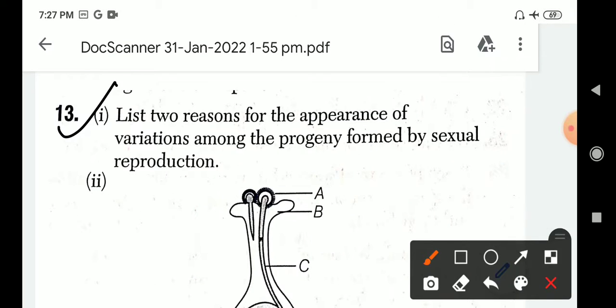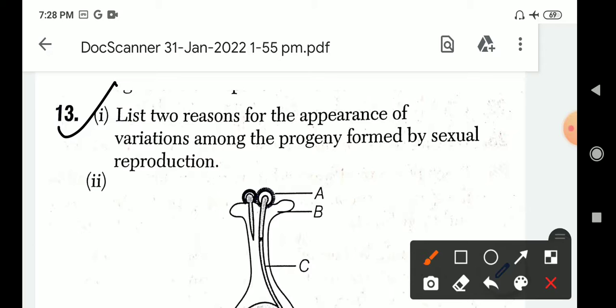List two reasons for the appearance of variation among the progeny produced by sexual reproduction. Okay. Variation occurs in sexual reproduction due to some reasons. The main reasons are: number one, sexual reproduction results in new combinations of genes.